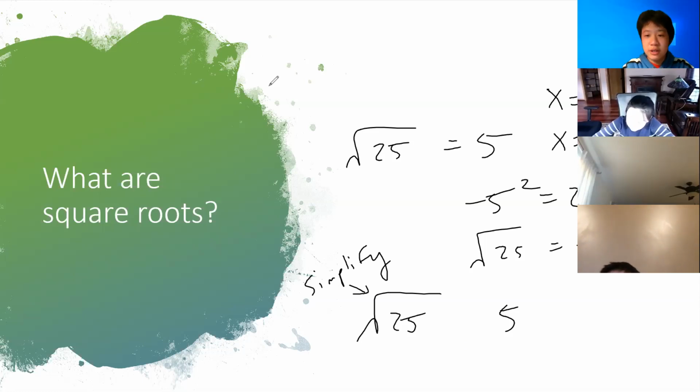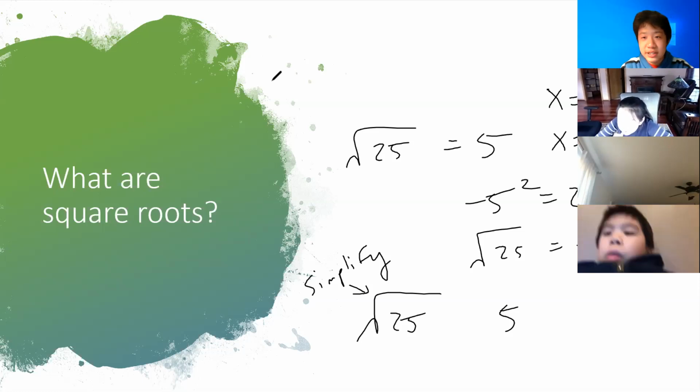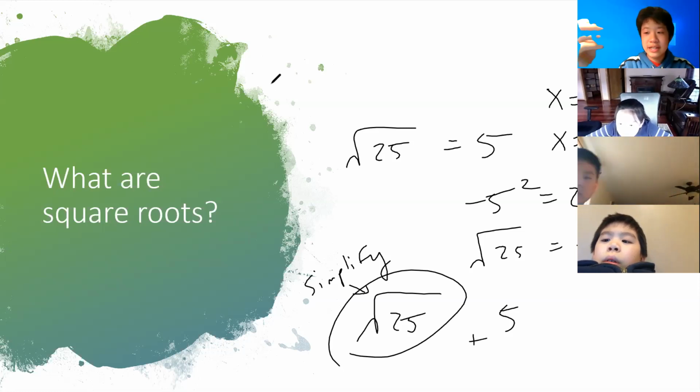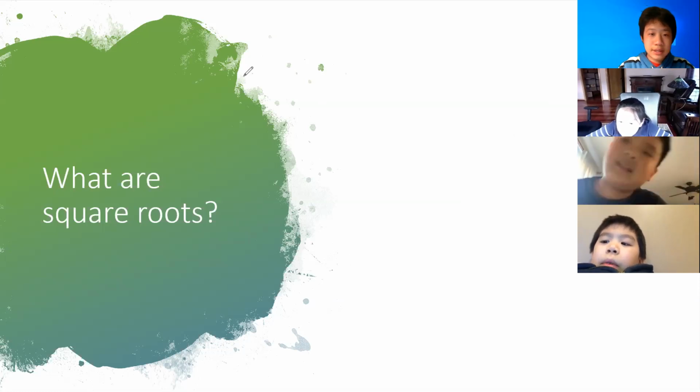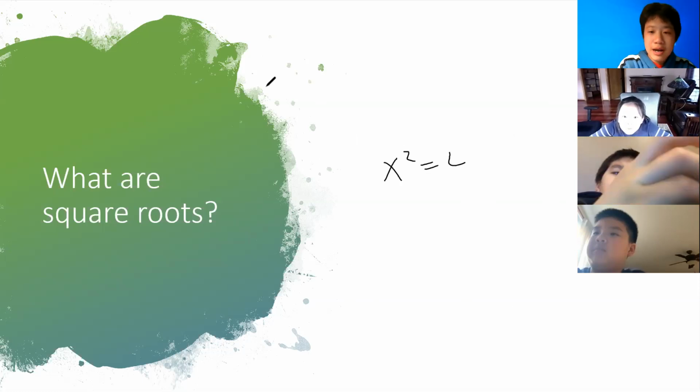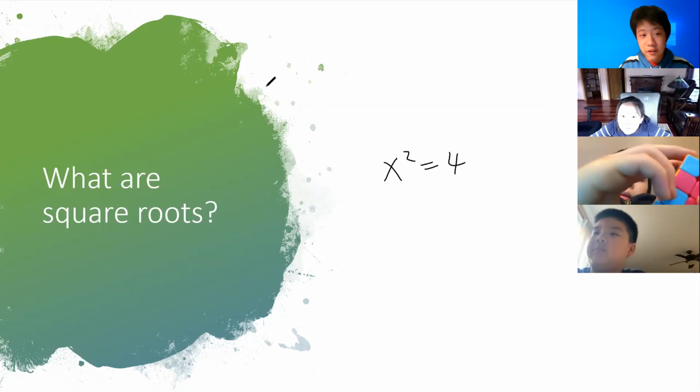If you forget this rule, then mathematicians are going to say, hey, you're wrong. Okay? So you've got to remember this rule such that for expressions, only give the positive result. For equations, give both the positive and the negative. Okay, so we can also do equations with square roots. So if I had something like x squared equals 4, how do I solve for x?